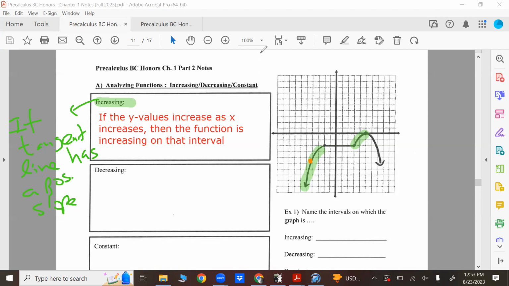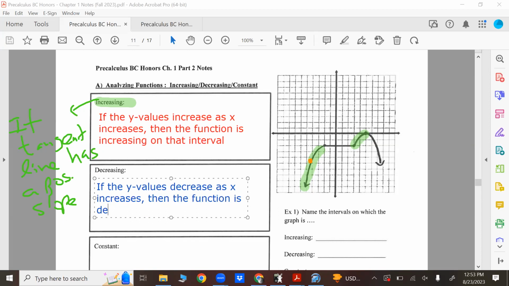So as you can imagine, decreasing is the opposite, right? So if the y values decrease as x increases, then the function is decreasing on that interval.